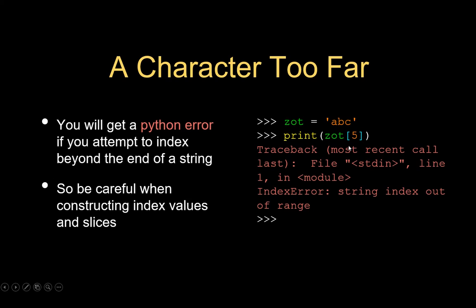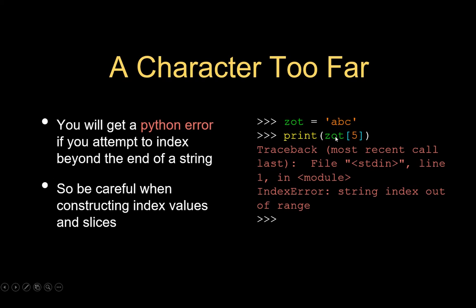Okay, here we have another example. We have the string ABC. We assign it to zot, and in this case we are trying to identify the character at location 5, which is the sixth character of this string ABC.